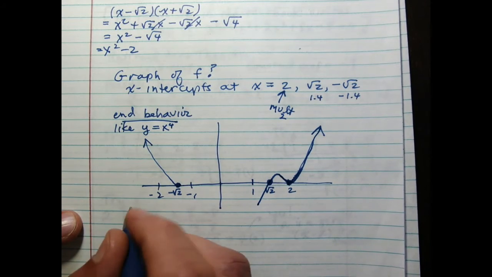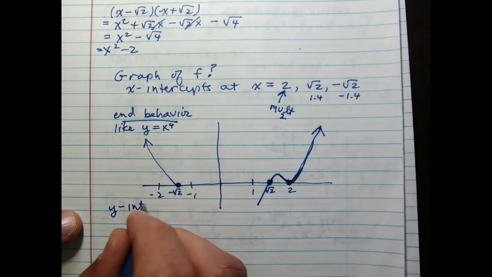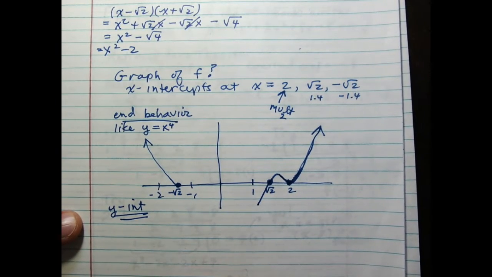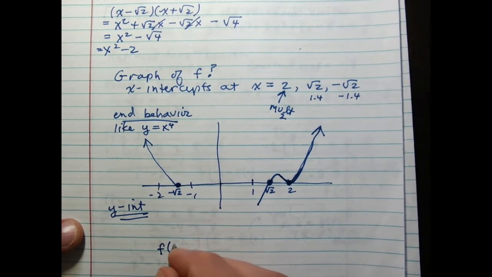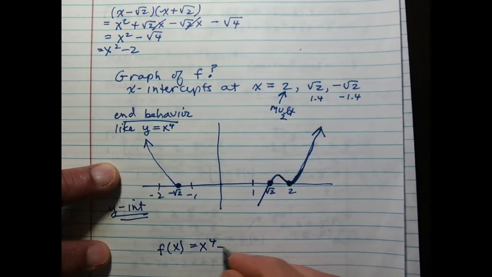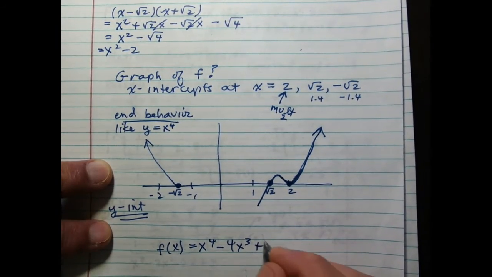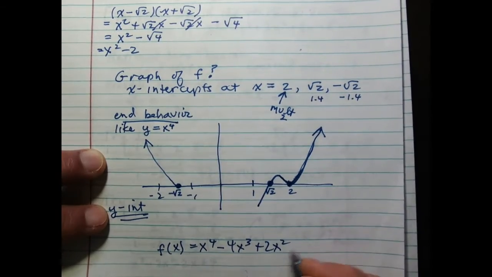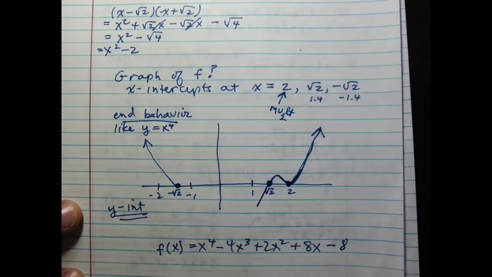We know what the y-intercept is. I'm going to write down here. It's not hard to get the y-intercept because we can plug into the original function, which was x to the fourth minus 4x cubed plus 2x squared plus 8x minus 8.